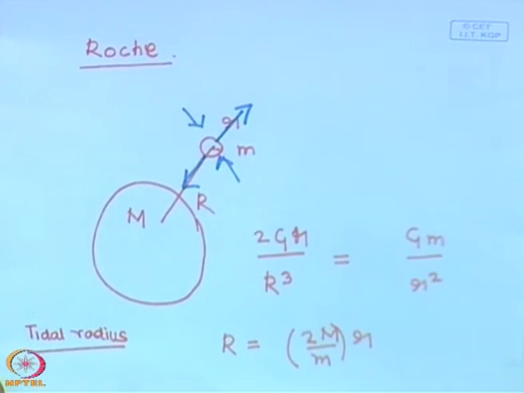So, Roche was investigating the possibility that these planets could have had satellites which came closer than the tidal radius, and these satellites got disrupted because of the tidal force, and then the small debris collided and formed these rings.